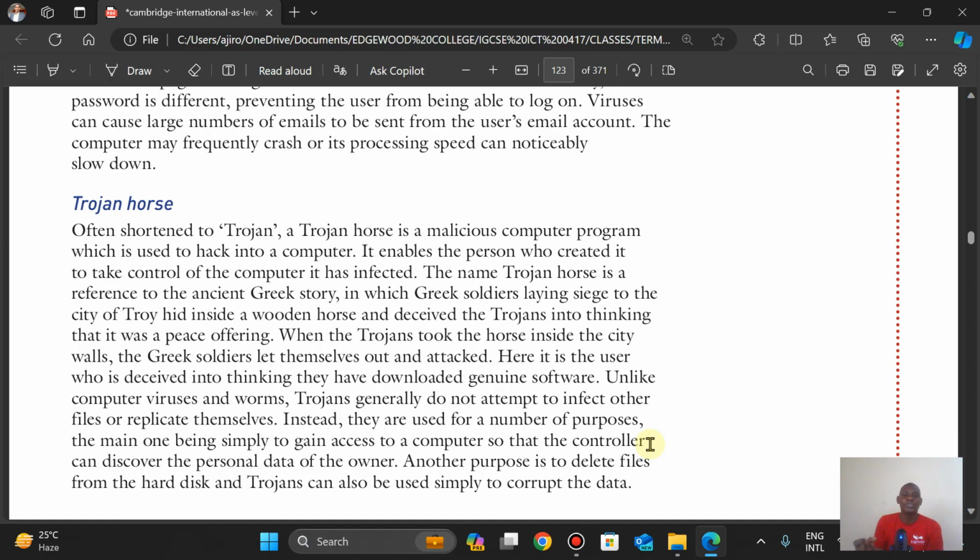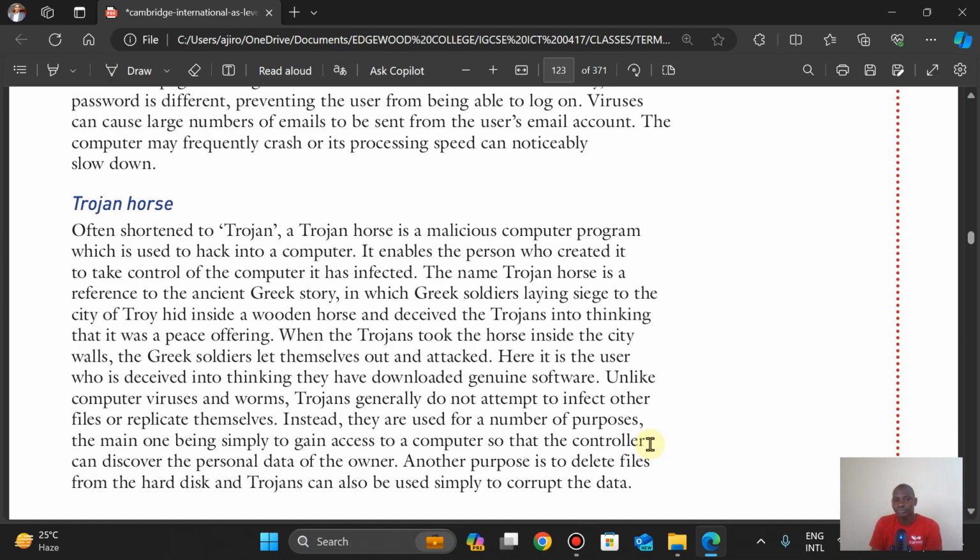When the Trojans took the horse inside the city, the Greek soldiers let themselves out and attacked. Here it is the user who is deceived into thinking they have downloaded genuine software.